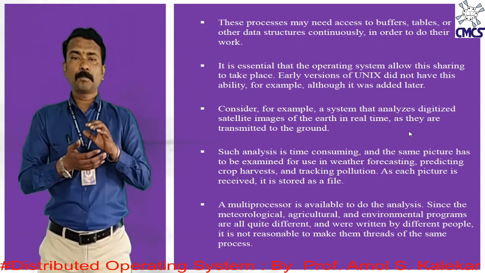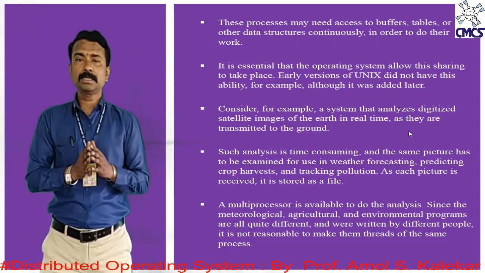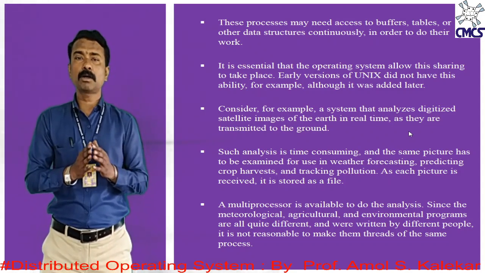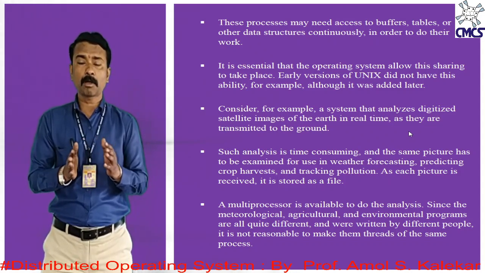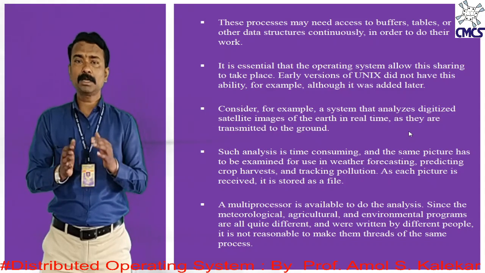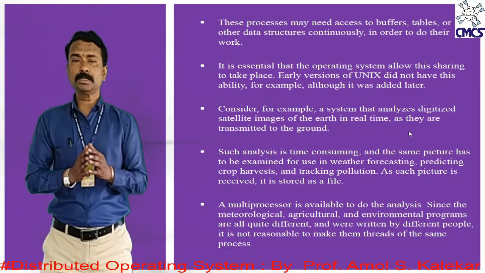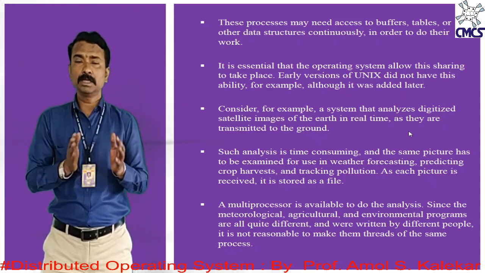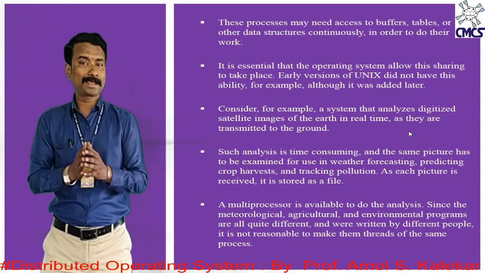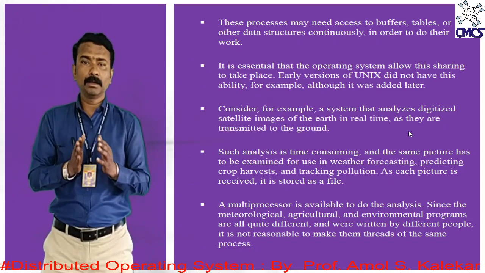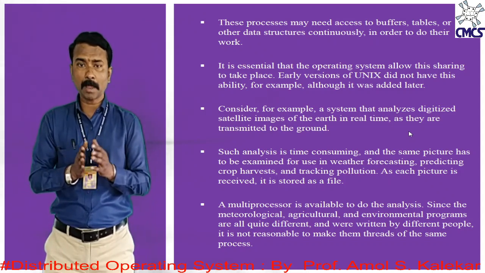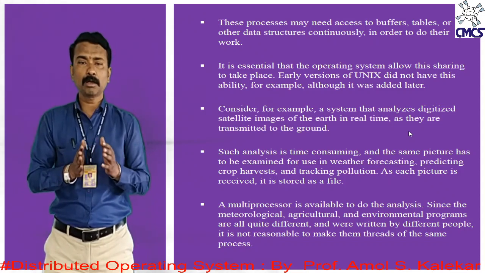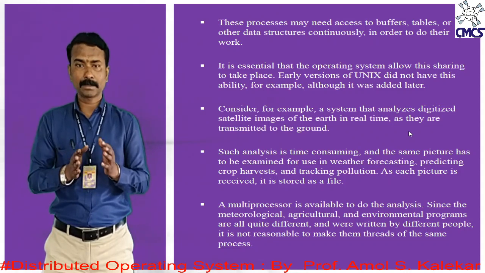These processes may need continuous access to buffers, tables or other data structures in order to perform their task. It is essential that the operating system allow this kind of sharing. Early versions of Unix did not have this ability, although it was added later.